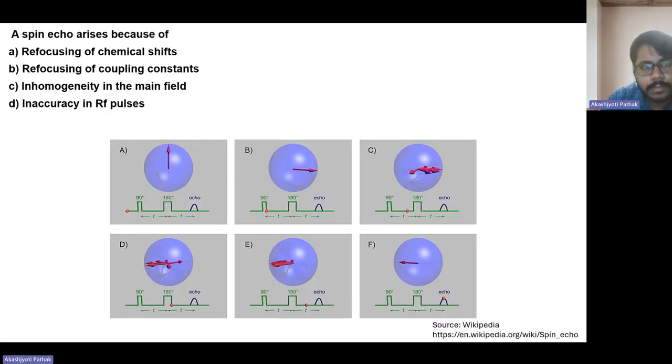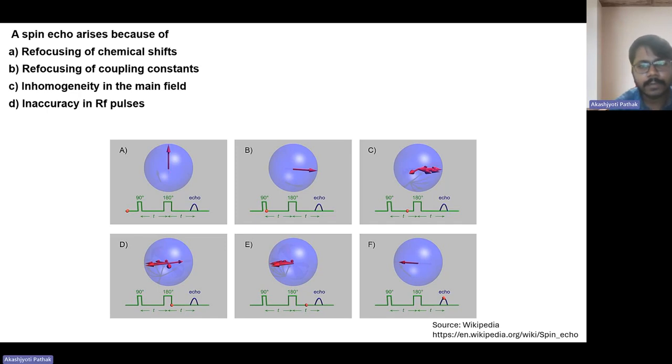Okay, so the next question is based on the spin echo concept, which is also related to a kind of experiment known as the CPMG experiment. A spin echo arises because of these four options: refocusing of chemical shifts, refocusing of coupling constants, inhomogeneity in the main field, or inaccuracy in RF pulses.